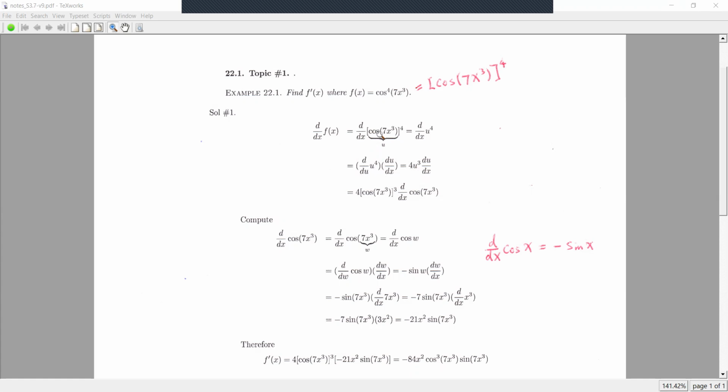Plug in cosine of 7x to the third in u. Then we have this equation. This is not the answer yet because we still need to compute this derivative.